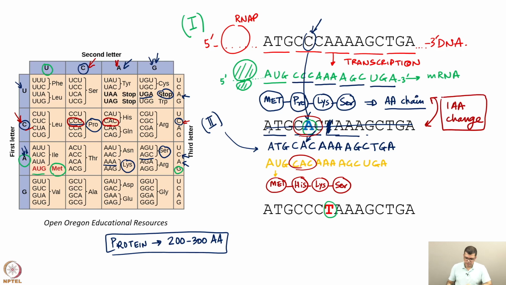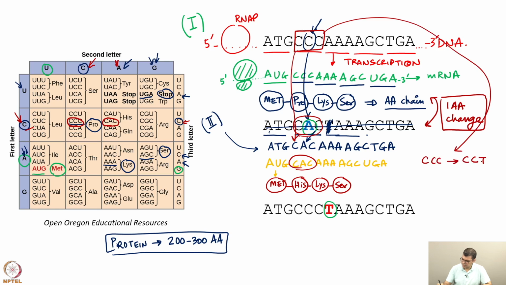What you should also realize here is that let us imagine the change in this triplet was CAC, but another change could also have happened where this CCC could have changed to CCT, in which case after transcription we would have gotten a CCU, and if we look at the amino acid corresponding to CCU, we get C, C and U, which also corresponds to proline.